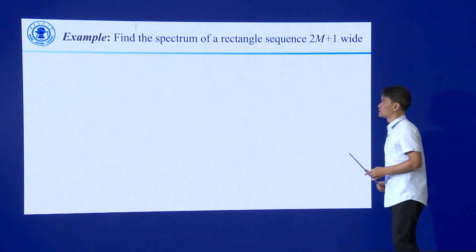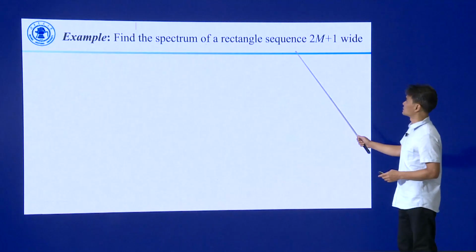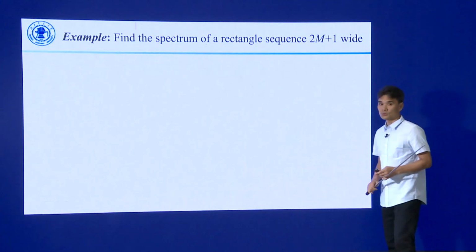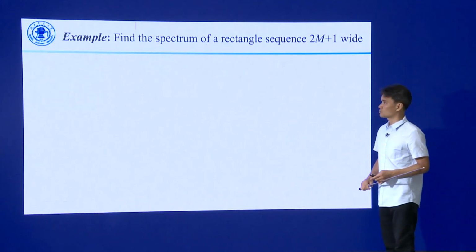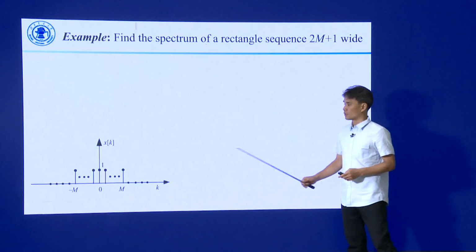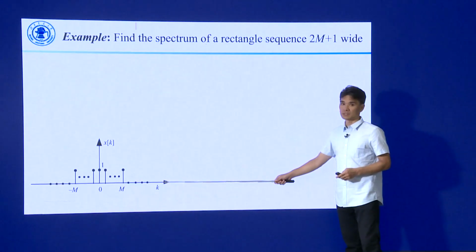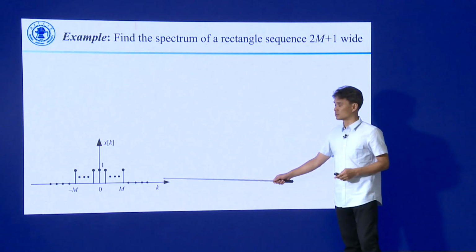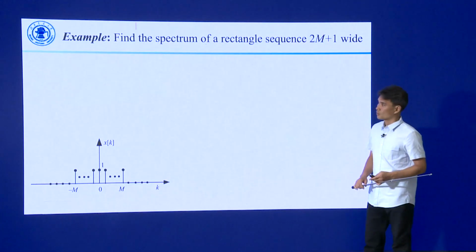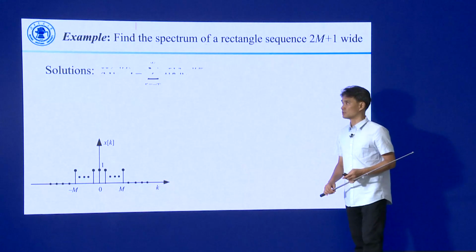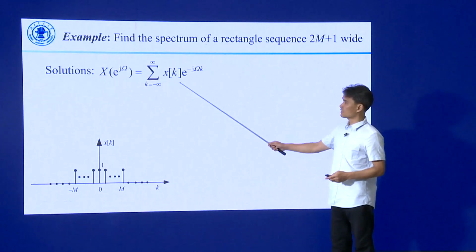The next sequence is the rectangle sequence with width equal to 2 times M plus 1. Here is the graphic representation of the rectangle signal in the time domain. We may use the definition again. So here is the definition.